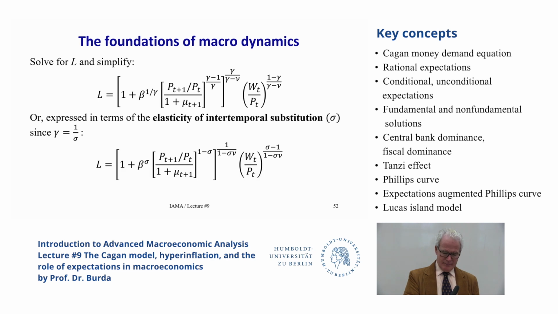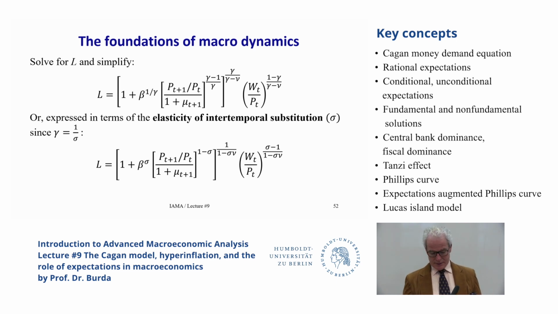If we express it in terms of the elasticity of substitution, we see that labor supply in the first period depends on the expected inflation rate, the expected money growth rate, and the real wage today. If those objects are known with certainty, then we can say with certainty the impact on current labor supply. It might be the case, of course, that agents have to form expectations.